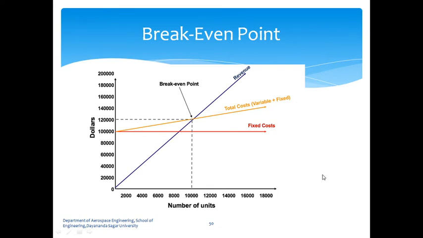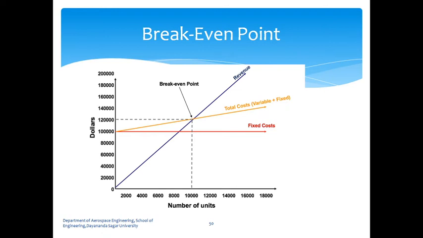For a simple example, suppose you are starting your organization, your company. Fixed cost is probably the room rent, office rent, and payment to your employees. That is a kind of fixed component. When it comes to the variable cost, that varies with your number of products.